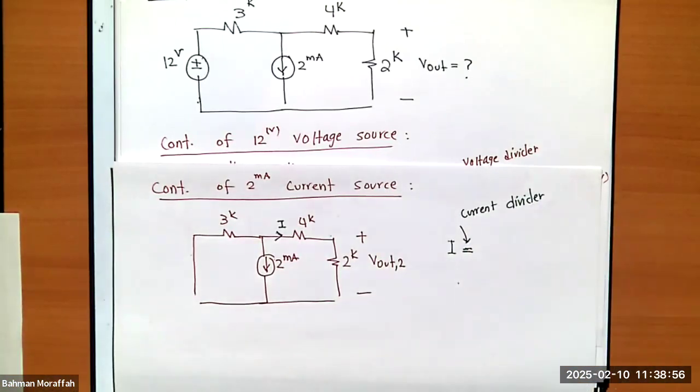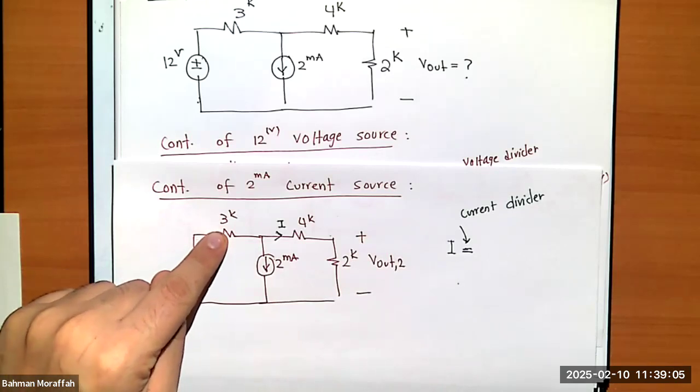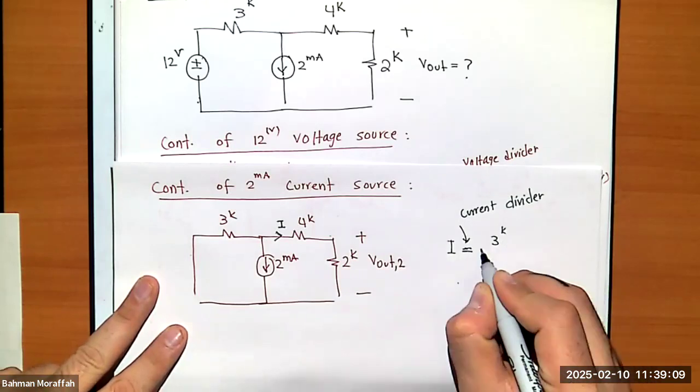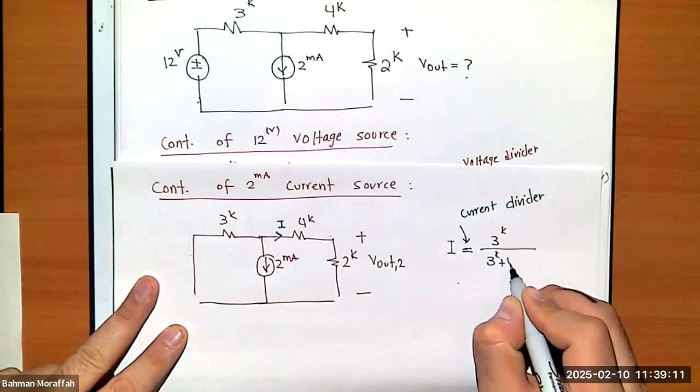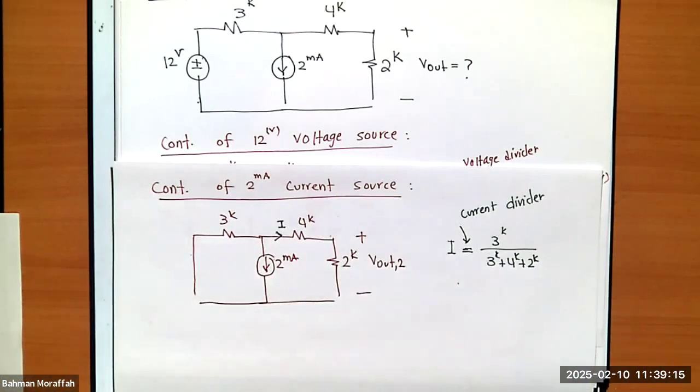Remember, if I have a current divider, the value of current in this branch is proportional to the value of the resistance on the other branch divided by the whole thing. So it's 3K divided by 3K plus 4K plus 2K times the source. What is the value of the source? Is it 2? It's -2.